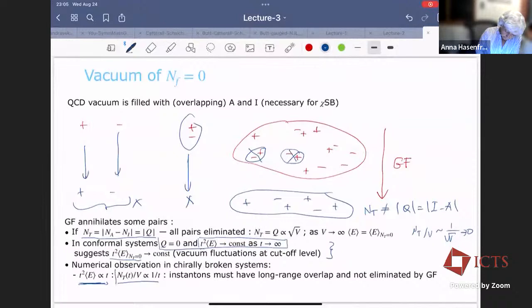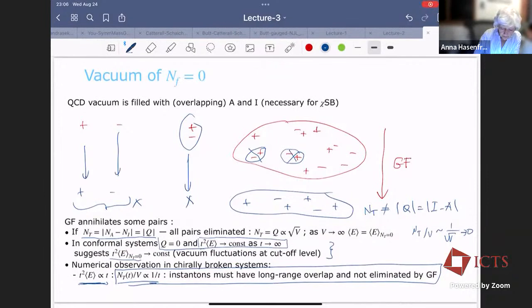That is, what we see here is that the number of topological objects will decrease as we increase the number of gradient flow steps, and it will decrease in a very specific form, as 1 over the flow time.